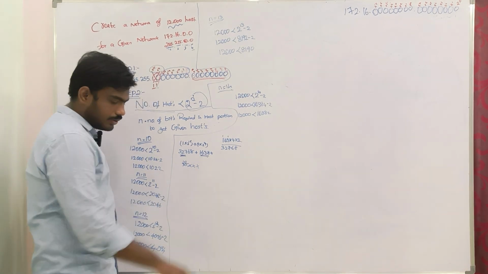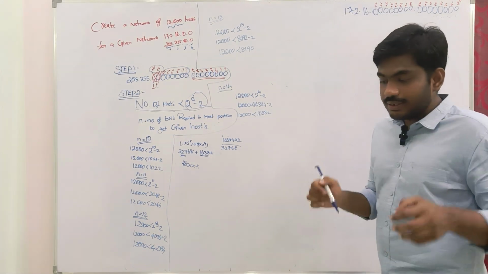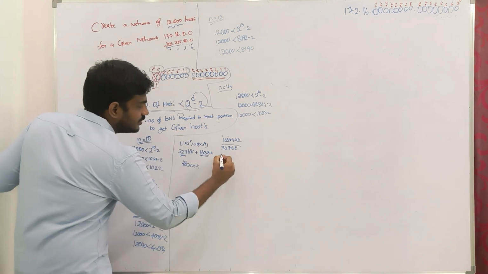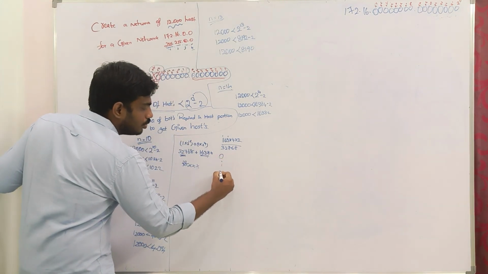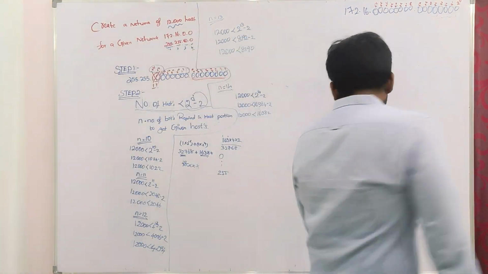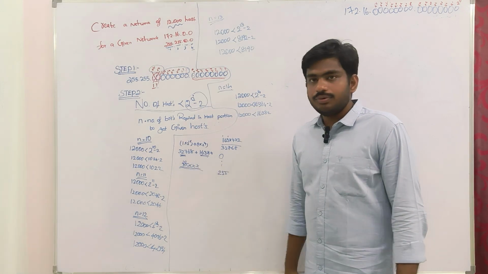What is the range of IP addresses you have? From 0 to 255. But what range do you get? More than 48,000.